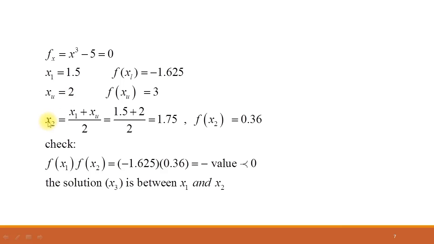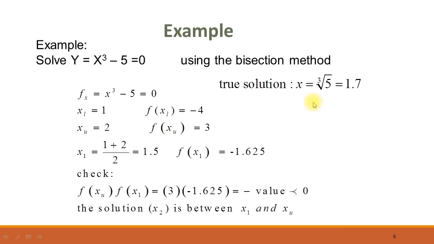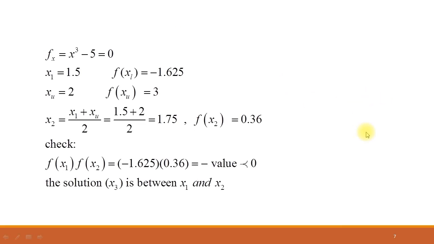Now the next root will be x1 plus xu divided by 2. x2 lies between these two roots. So x1 plus xu divided by 2, and now the x2 root is 1.75. Now dear students, this is a very interesting point. The x2 root is 1.75 and the correct result is approximately 1.7.